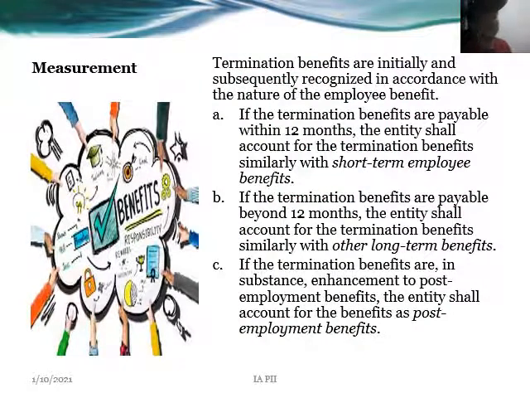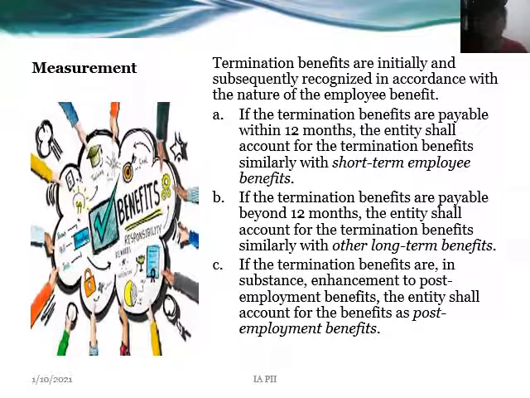Termination benefits measurement. Termination benefits are initially and subsequently recognized in accordance with the nature of the employee benefit. So, whatever the nature of the termination benefit is, that is its treatment. So, for example, in case A, if the termination benefits are payable within 12 months, so it is current, you treat it as short-term employee benefits.